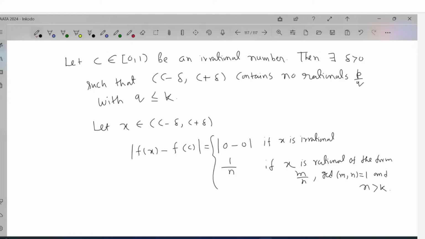In all cases, we see that |f(x) minus f(c)| is less than 1 by k, for all x belonging to (c minus delta, c plus delta). So this proves that the function is continuous at the point.